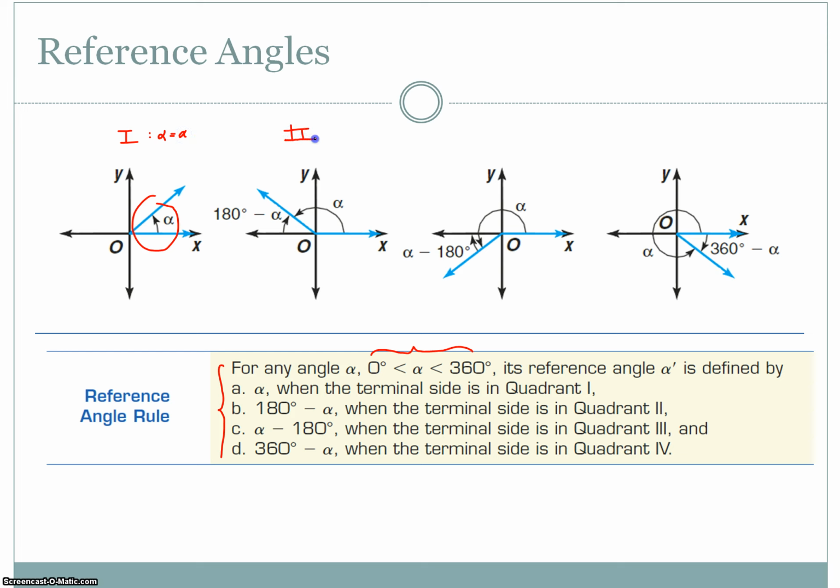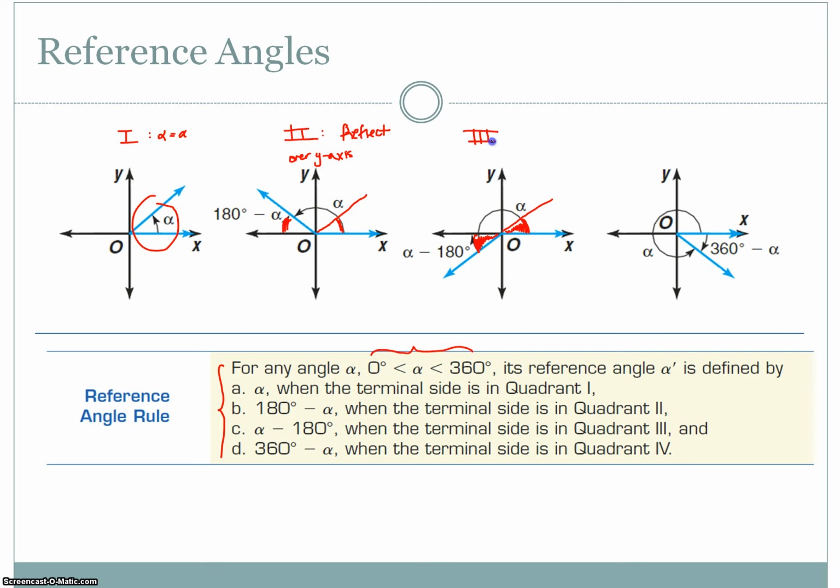In the second quadrant, the reference angle should be a mirror image, right? These should be mirror images, okay? In the third quadrant, these are going to be vertical angles. Okay, you see that? So this is a reflection. Let's see. Reflect over the y-axis.